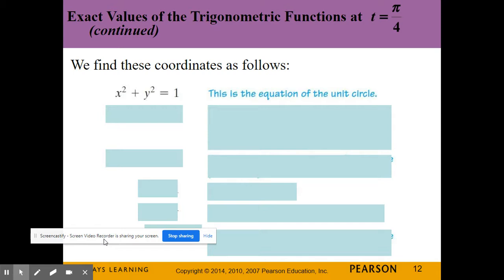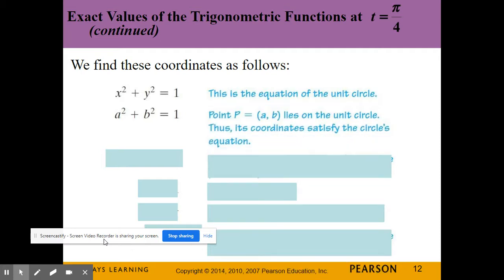All right, so you start with x squared plus y squared equals 1. That's the equation of the unit circle, right? Point P, which has the ordered pair A, B, lies on the unit circle.